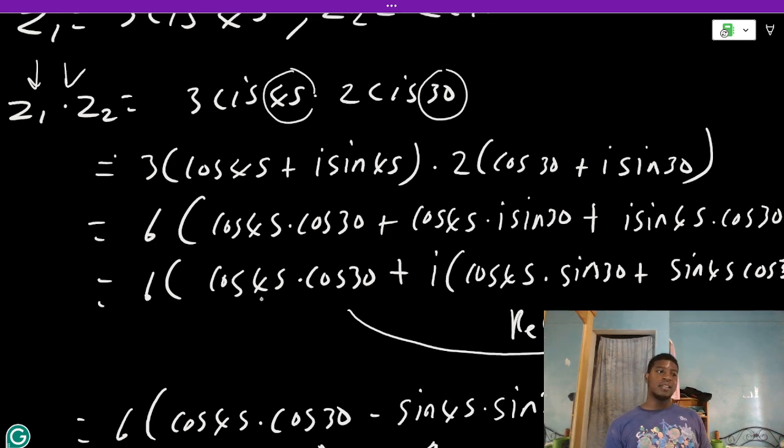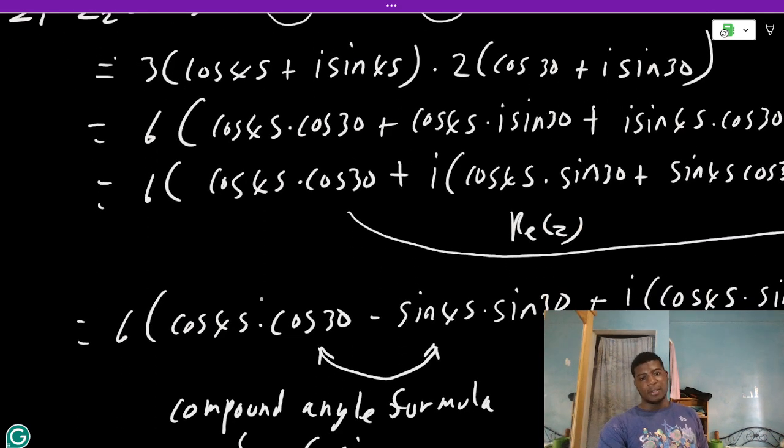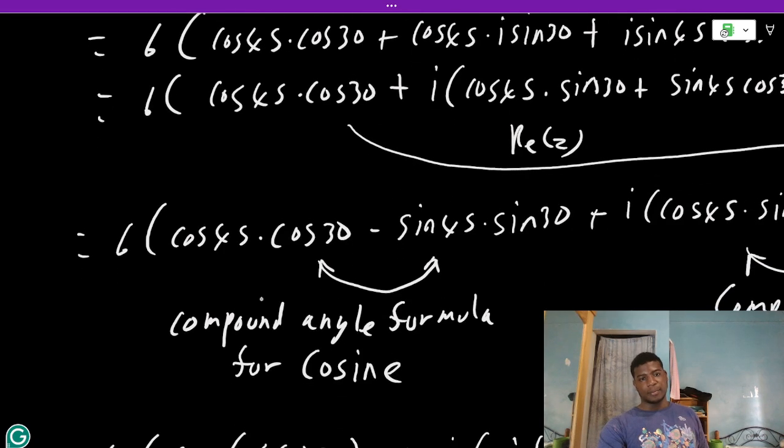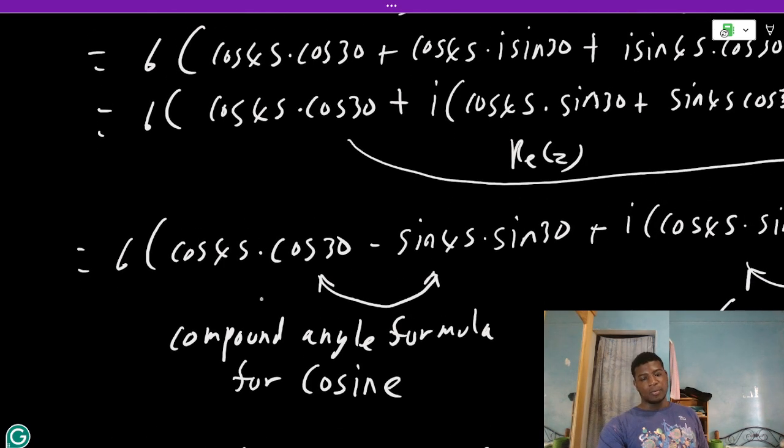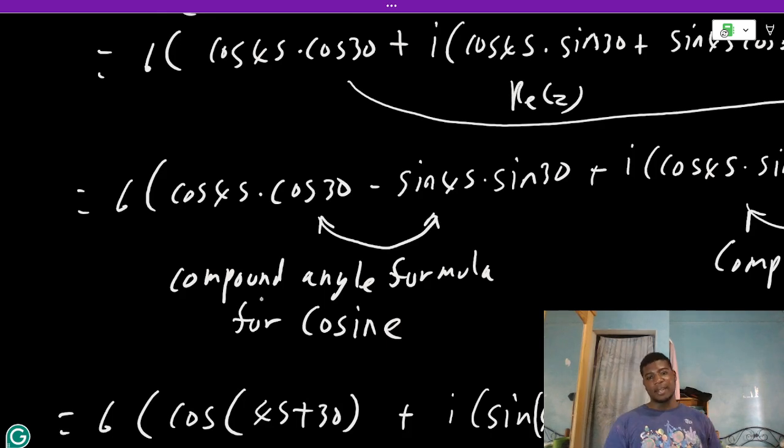So my explanation is that the reason multiplying two complex numbers adds the arguments is because it forms a compound formula for both cosine and sine, which, when simplified, represents the sum of the two angles.